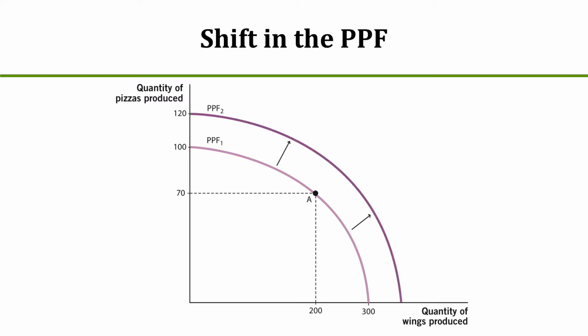So the maximum amount of pizza will increase, but at the same time, the maximum amount of wings that this country can produce will increase as well. That's why we call this kind of shift a two-way shift or a shift from both sides. And in the final step, this country is going to be on a point like C.